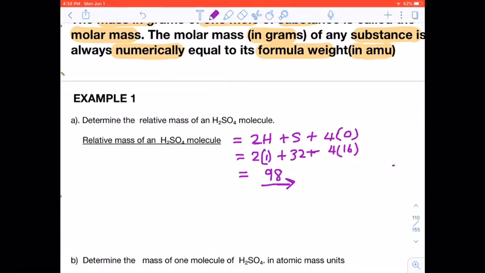And there are no units. Relative masses are dimensionless.